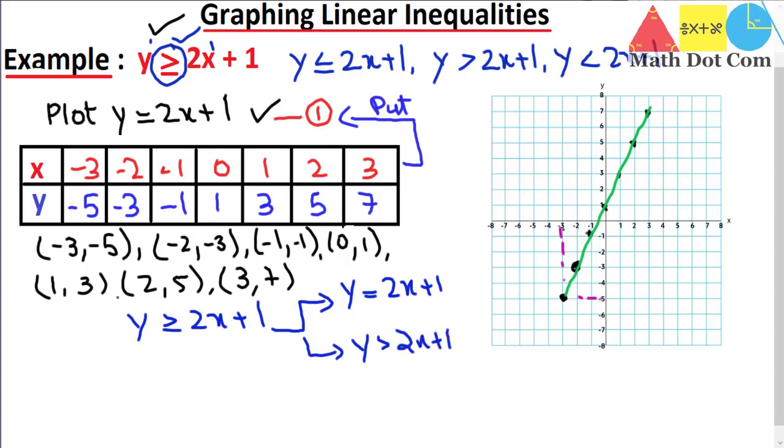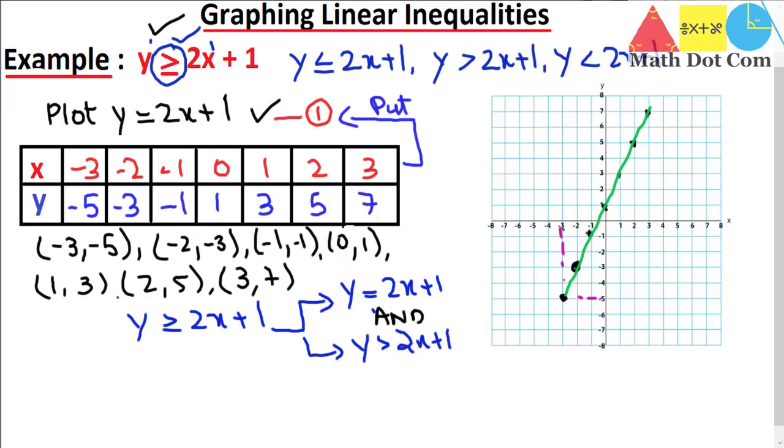For the solution of this inequality, we have to consider the solution of both the equality as well as the inequality. So there will be a relation of "and" between them. It means we have to include the points of equality as well as the points greater than this line.